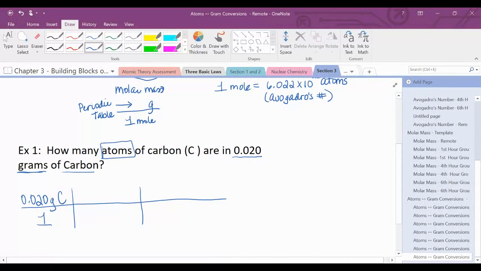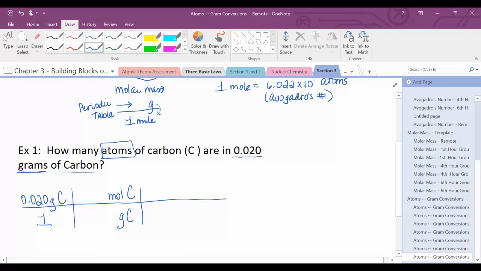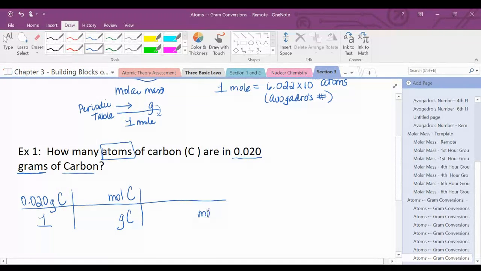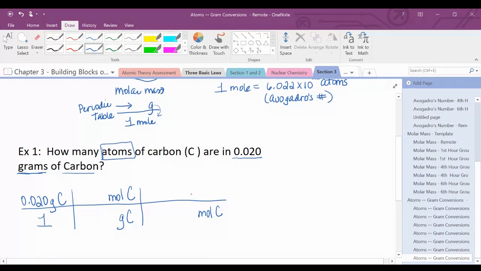We need our grams of carbon to cancel, so that goes on the bottom here. According to my chart, the only place I can get to from grams is moles. Then in my next conversion, I need those moles of carbon to cancel, and my question wants to know atoms, so that goes on the top.